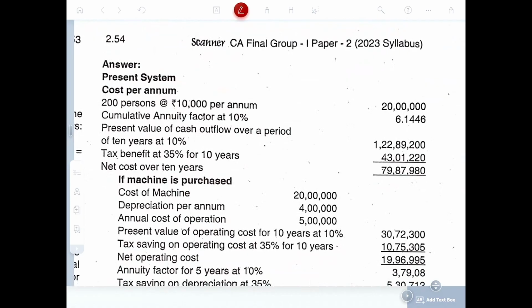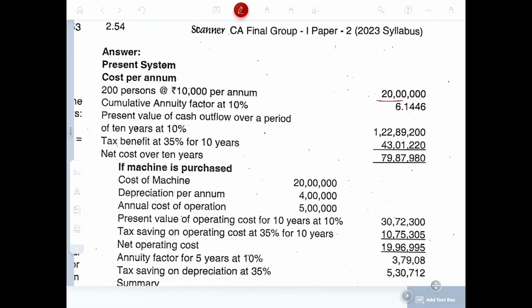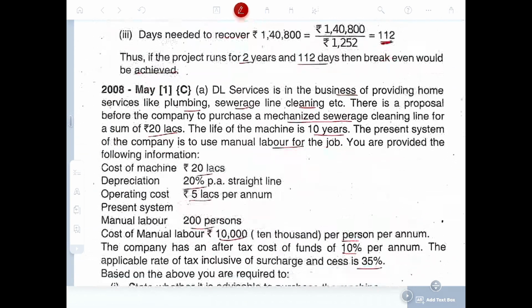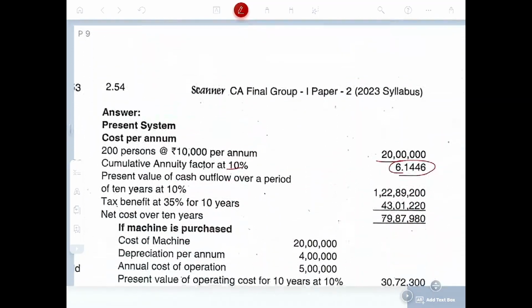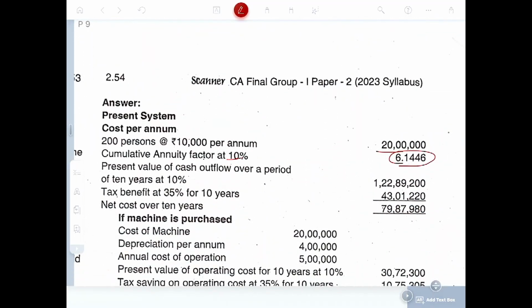So what are 20 lakhs, cumulative annuity factor 6.6% by 5 years. Machine life 10 years. Now 10 years: 1.1, 1, 2, 3, 4, 5, 6, 7, 8, 9, 10.